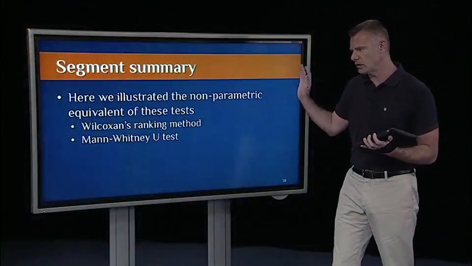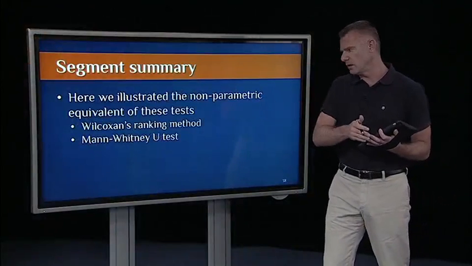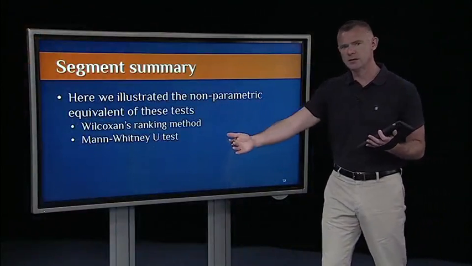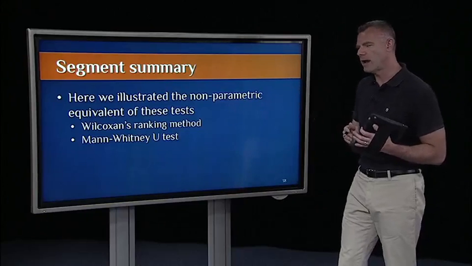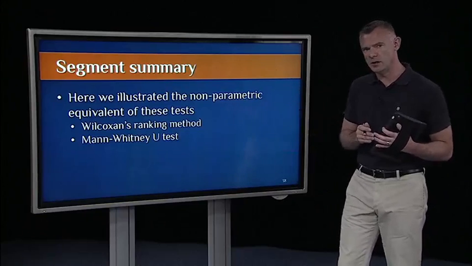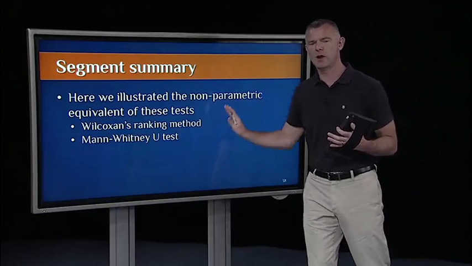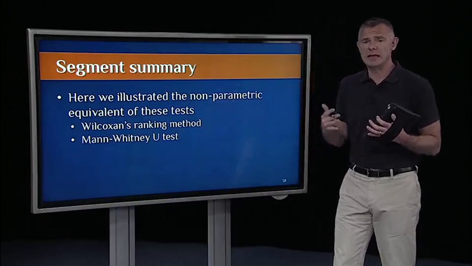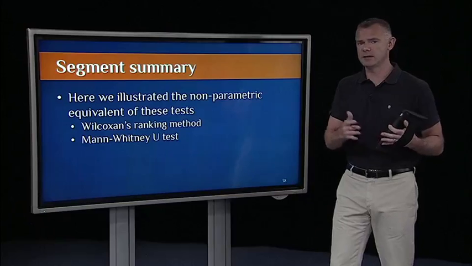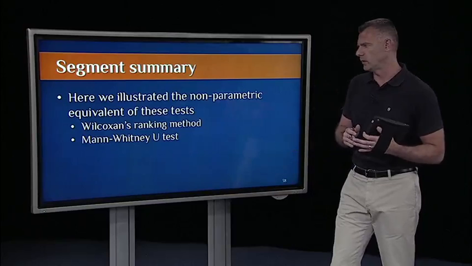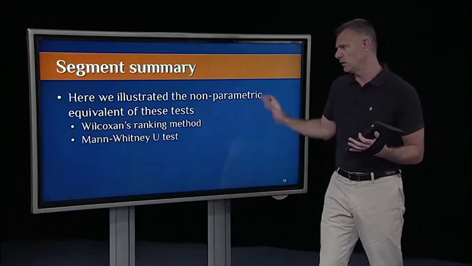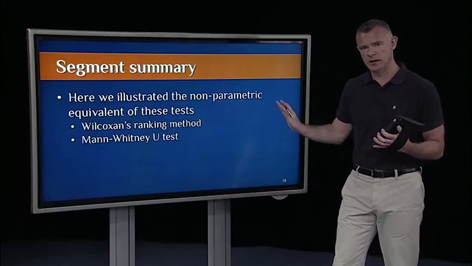Here in this segment, we just illustrated the analogous non-parametric procedures, which are known as Wilcoxon's ranking method and the Mann-Whitney U test. And those are the non-parametric procedures that you can use if you violate assumptions and you can't overcome those violations of assumptions, then do the non-parametric procedures outlined here.